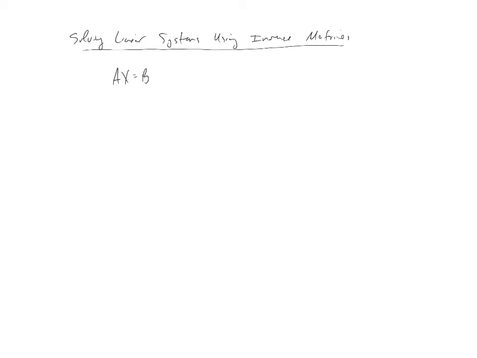Now, we have to remember these are matrices, so we can't just go dividing by something. Instead, we're going to take advantage of these inverses. So the first thing I'm going to do, starting with this equation, is multiply both sides by the inverse. Now we do need to be a little bit careful.